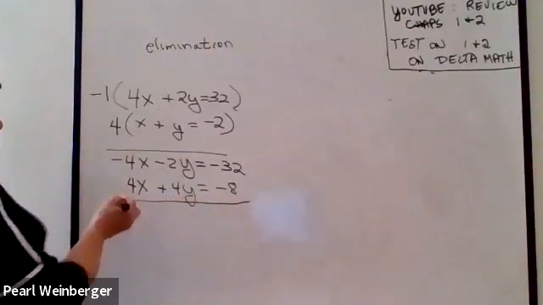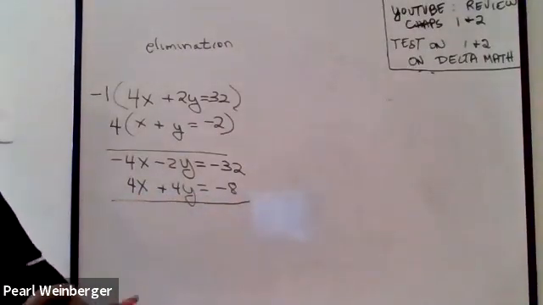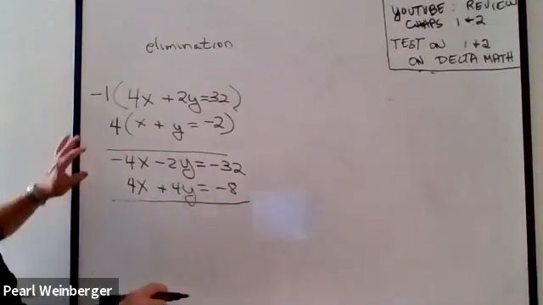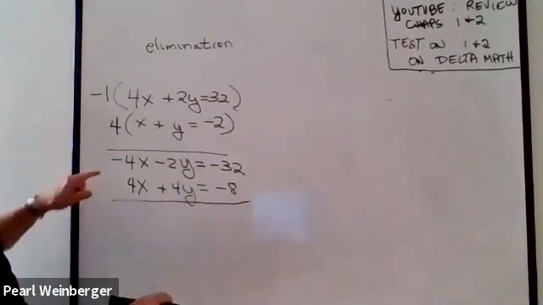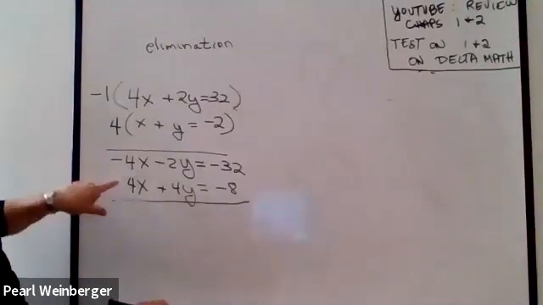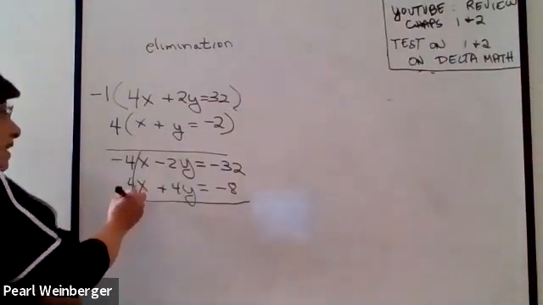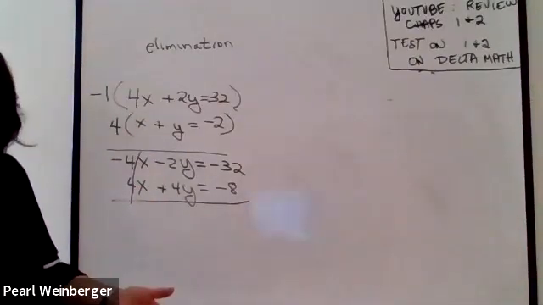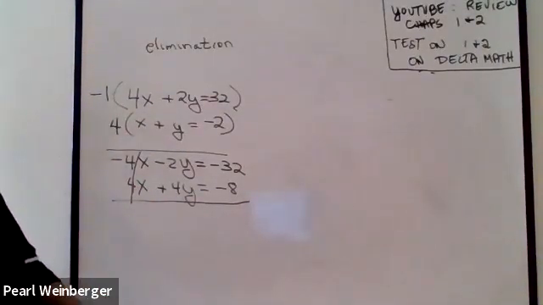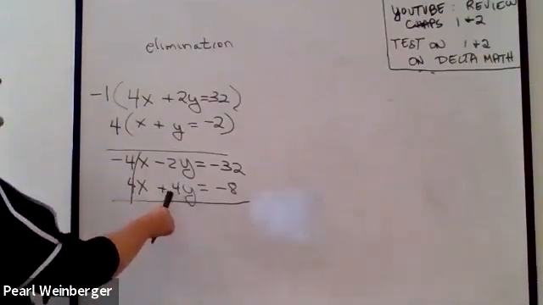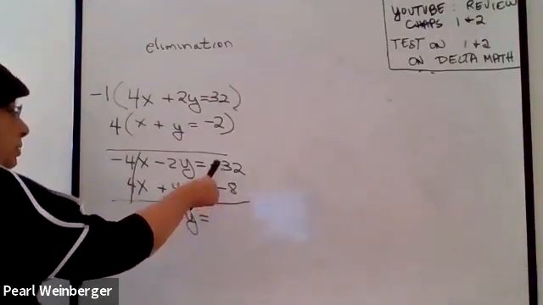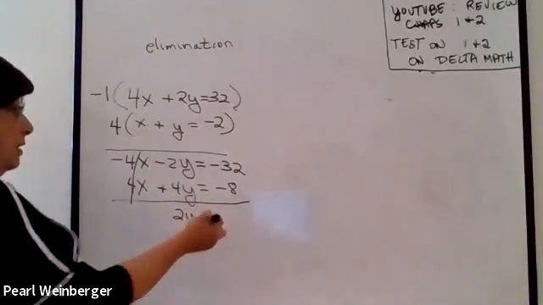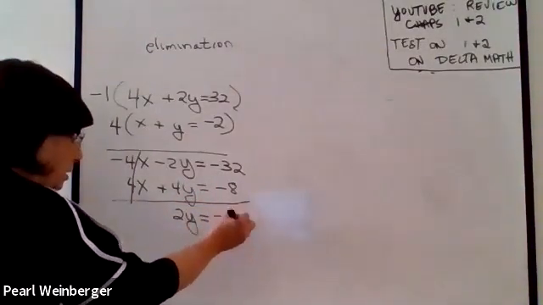Be careful with your signs when you do your multiplications. Now let's see what happens when I add these equations. When I add the -4x and the +4x, they cancel out, because it's going to be 0 x's, so there are no x's left. We've eliminated the x's. The -2y plus a 4y gives me 2y. The -32 plus a -8 gives me -40.